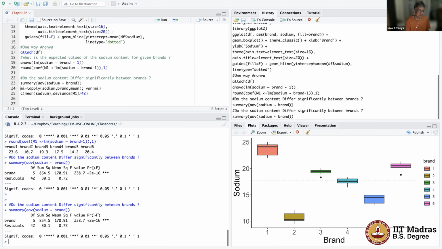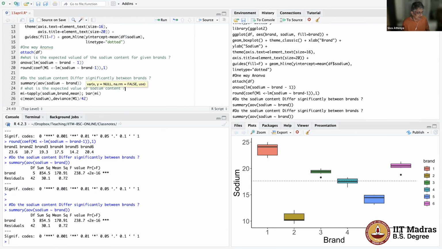So then the next thing one can do is to see the next question which I asked: what is the expected value of sodium content? So what I did here was I applied the mean function across brands, and I computed the variance as well.